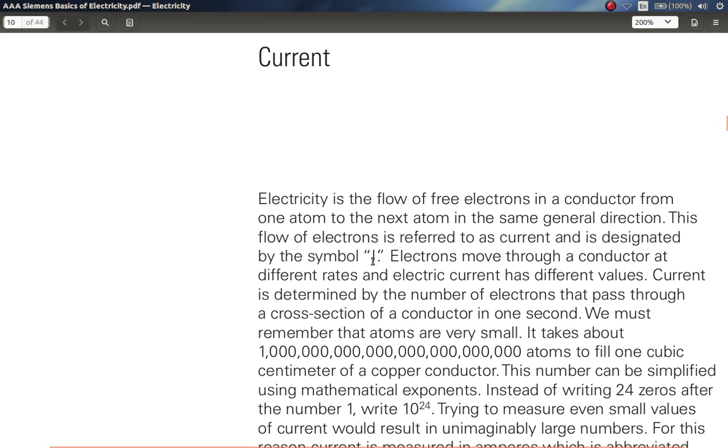The symbol is I, uppercase I. A long time ago, when this topic was being studied and written about, since C starts current, it was considered to use C. But the thing is, C was already used to represent charge and coulombs. So they use I to represent intensity of current.